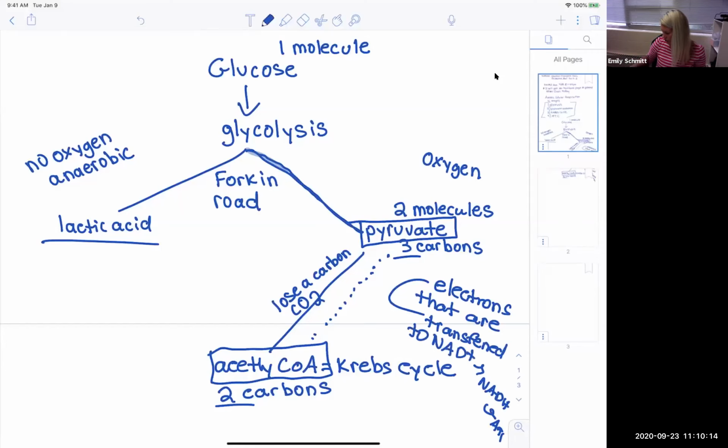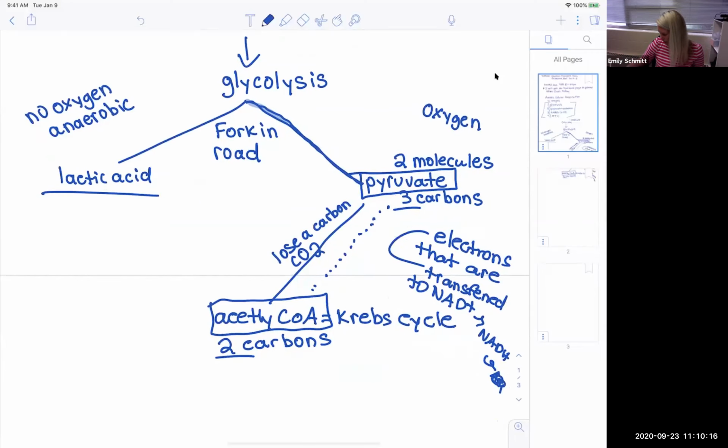Okay, so we're going to have to use a little bit of energy for this process, but we will produce some ATP off of that. So hopefully you understand how to go from our 3 carbon pyruvate to our 2 carbon acetyl-CoA. Know that through that chemical process, we are going to have some electrons that are going to be transferred to NAD to produce NADH that eventually is going to produce a little bit of ATP.